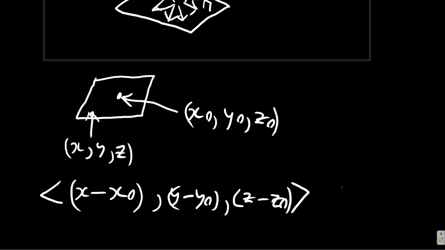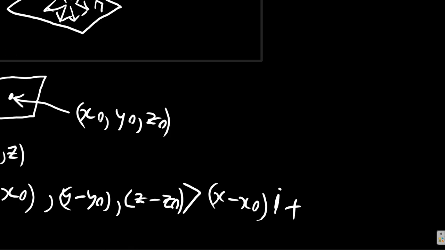It's like saying (x minus x0) i plus (y minus y0) j plus (z minus z0) k, where i is a unit vector in the direction of x, j is a unit vector in the direction of y, and k is a unit vector in the direction of z.